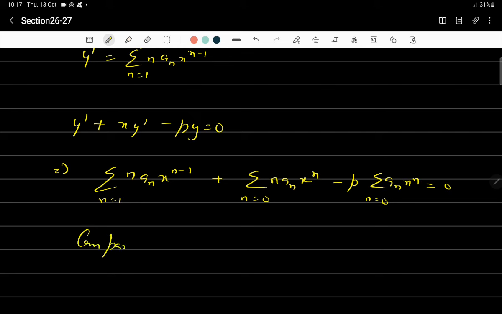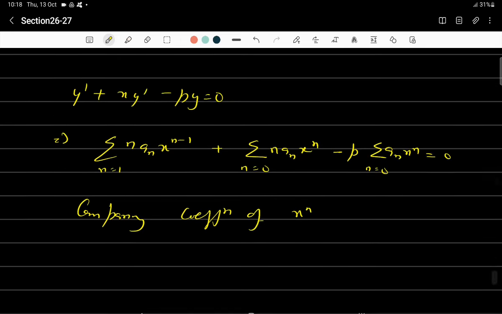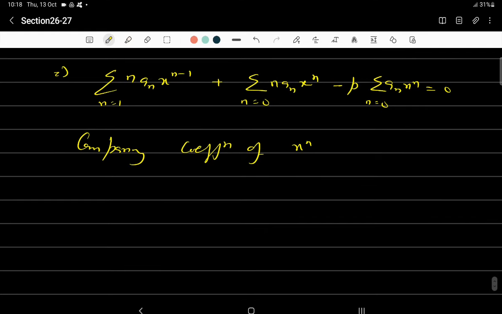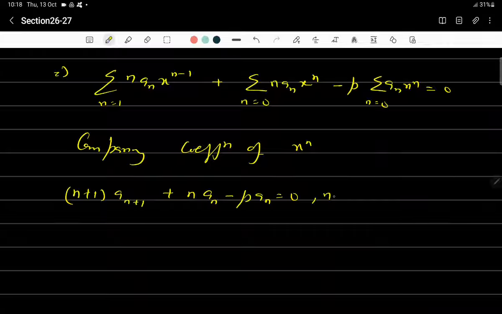So comparing the coefficient of x raised to the power n, you will get, from the first term, (n+1) a_{n+1} plus n a_n minus p a_n is equal to 0, which gives you a_{n+1} is (p minus n) by (n+1) a_n.